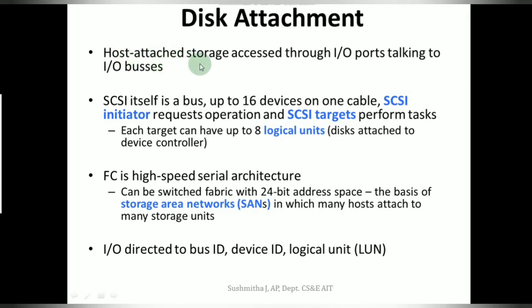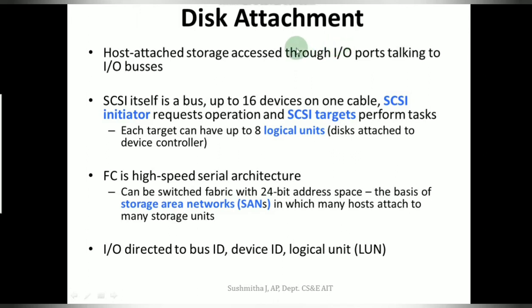So it is accessing the disk via IO ports, and these ports have several technologies. We have already discussed previously the cabling technology that it uses, IDE, SATA, SCSI, and there are different architectures each of it follows.